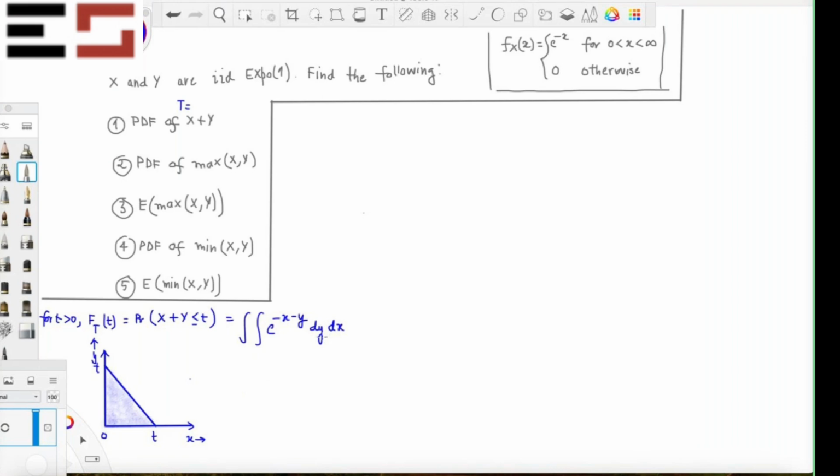When you are doing this inner integral, you are holding x fixed. So this is x. You will be integrating with respect to y from 0 to t minus x.